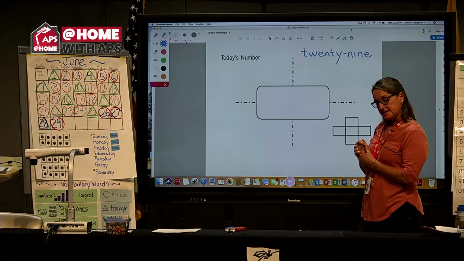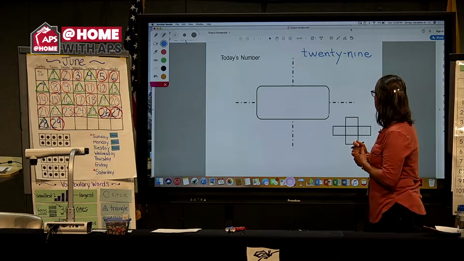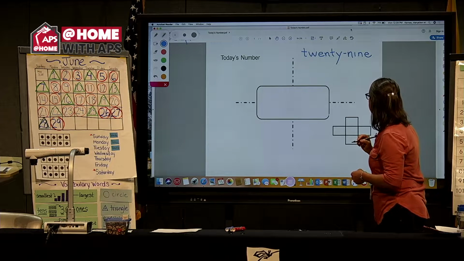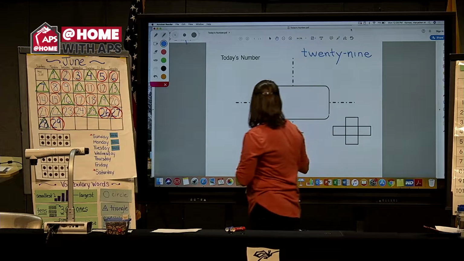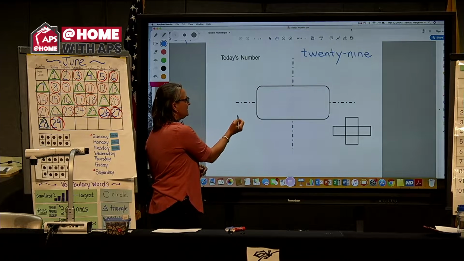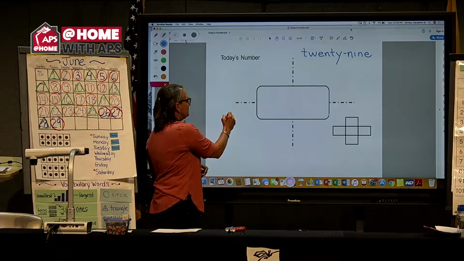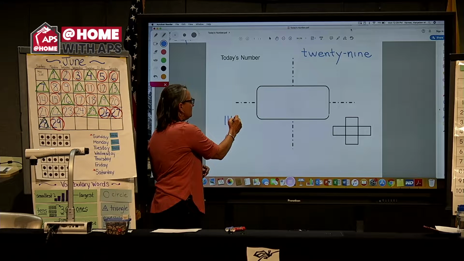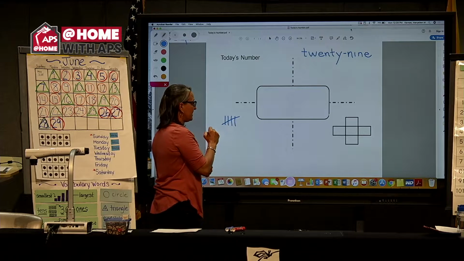Okay, what are some other ways we could represent 29? We've been doing tallies. We could do some tallies, couldn't we? Let's go ahead and do that. So I think I'll put our tallies right here today. So 1, 2, 3, 4. What do I do when I get to 5? I slash across, right? So 5.